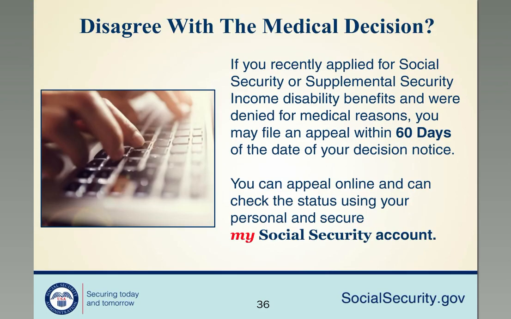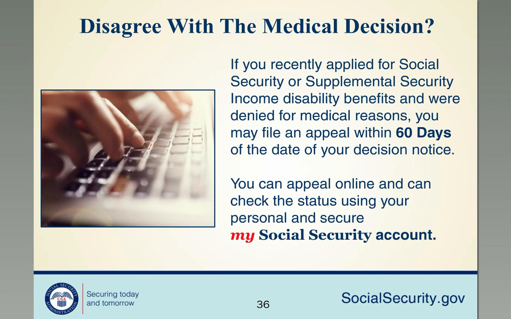Now then, if you file for disability benefits, or if a child files for disability benefits, and you disagree with the decision, you're denied benefits, you have the right to appeal. Typically, you will have 60 days to file an appeal. Now then, there are multiple levels of appeal. The two typical ones are the reconsideration level.